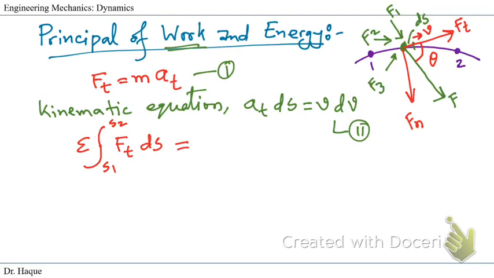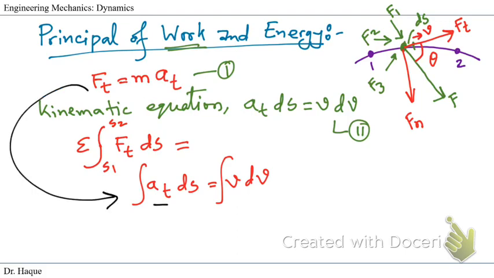From here we had at ds equals v dv. We're going to take integration on both sides, and we're going to replace this at from the other equation. So at, the acceleration in the tangential direction, would be Ft over m.